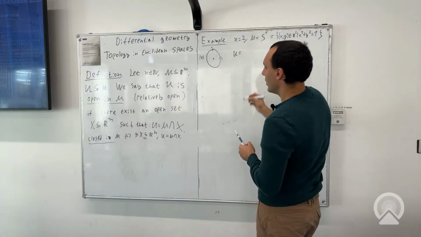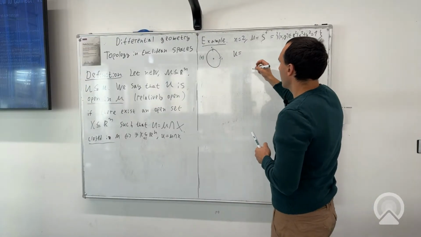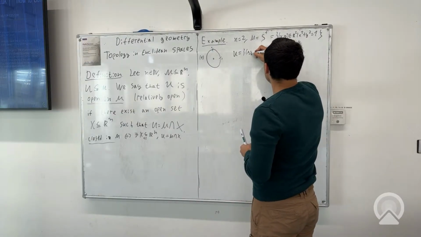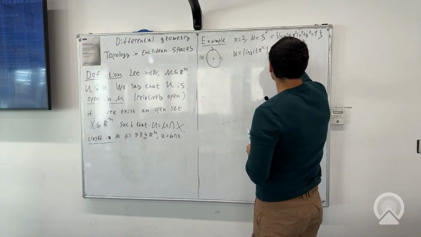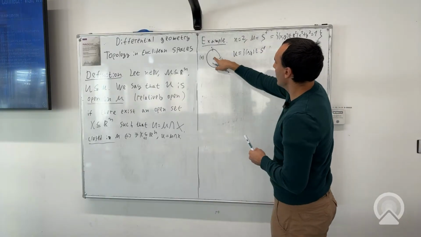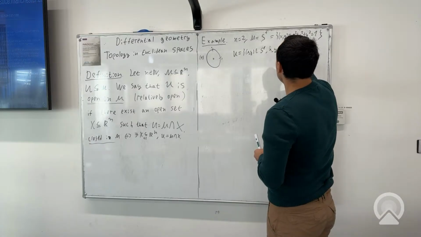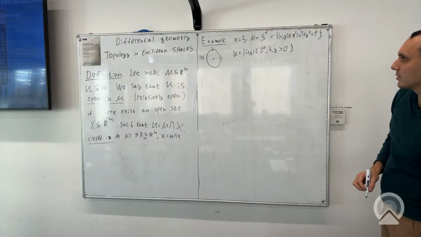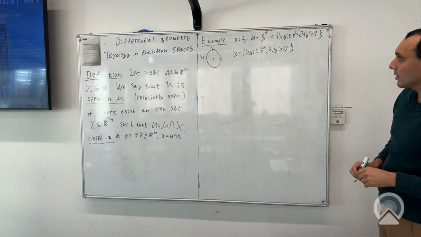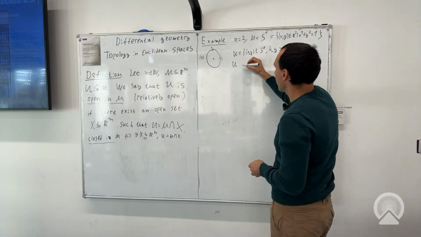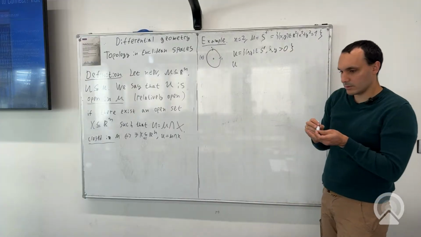U is the set of (x, y) in S1, but x and y are positive. X and y are positive. So this arc here, U.